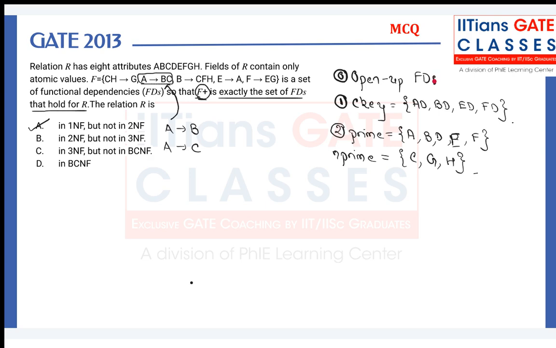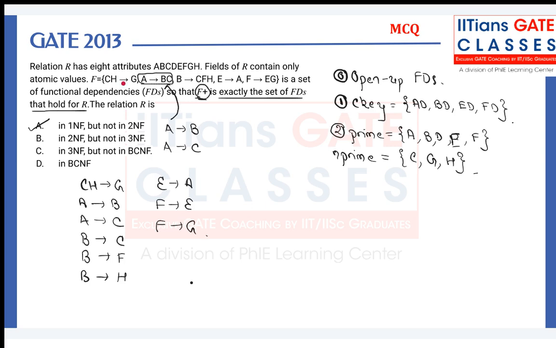In essence, the functional dependencies are CH derives G, A derives B, A derives C, B derives C, B derives F, B derives H, E derives A, F derives E, and F derives G. This is not the set of functional dependencies; these are the set of functional dependencies I have. If you write them this way, you will be able to avoid the mistake. Okay, clear? Can I proceed?